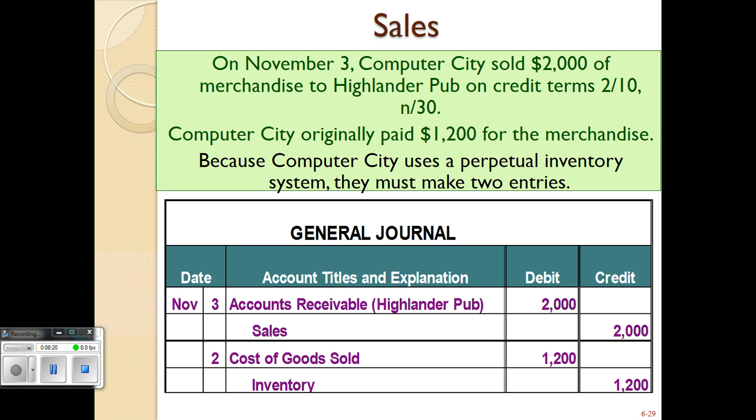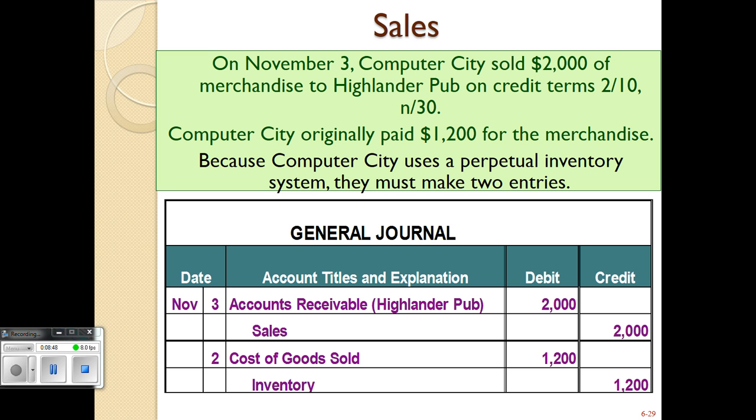When we sell an item, okay, keep in mind, I sold $2,000 worth of merchandise on terms of 2/10, net 30. When I am buying the goods, okay, I can record it at net or gross price. When I am selling the goods, however, I have to record it at gross price because I have no idea if my customer is going to take advantage of my credit terms.